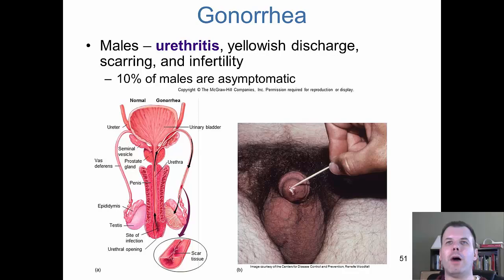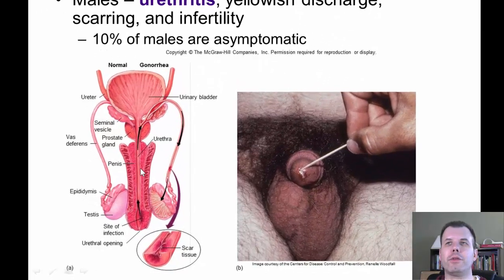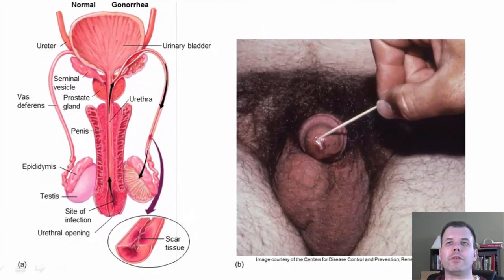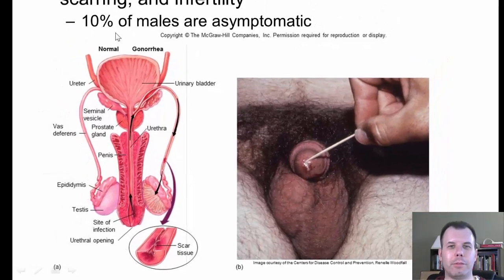Okay. Now, in males, it causes urethritis, which is inflammation of the urethra, and can lead to a yellow discharge. It can cause scarring and infertility if it gets into the vas deferens. You get scars in the vas deferens, which leads to the inability of the sperm to make it up the vas deferens and out the urethra. Most males, about 90%, have some kind of symptoms with it.